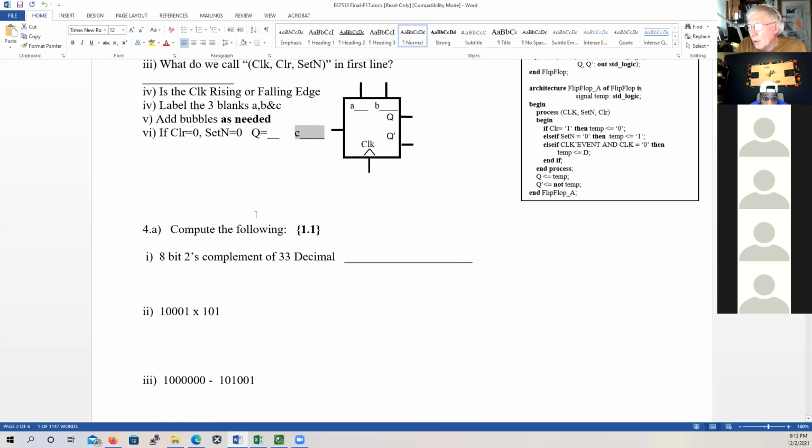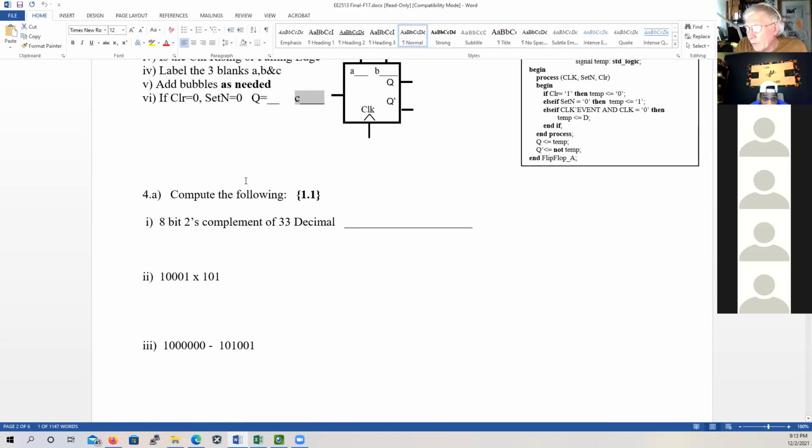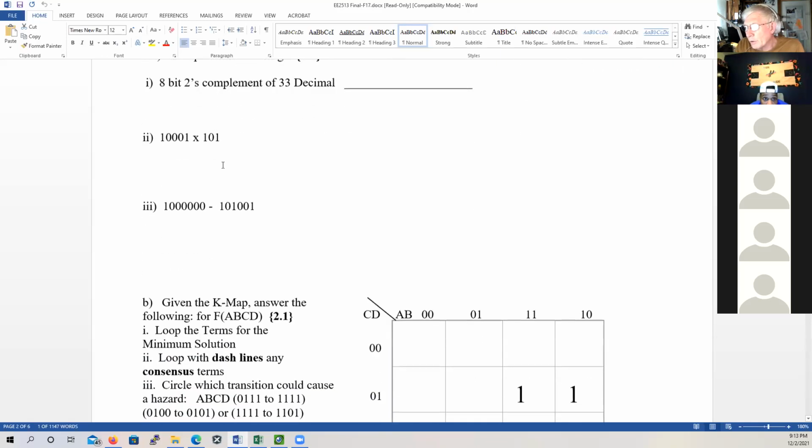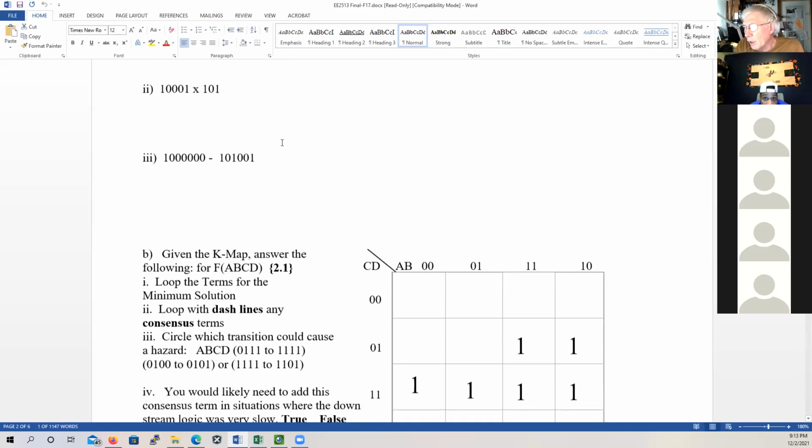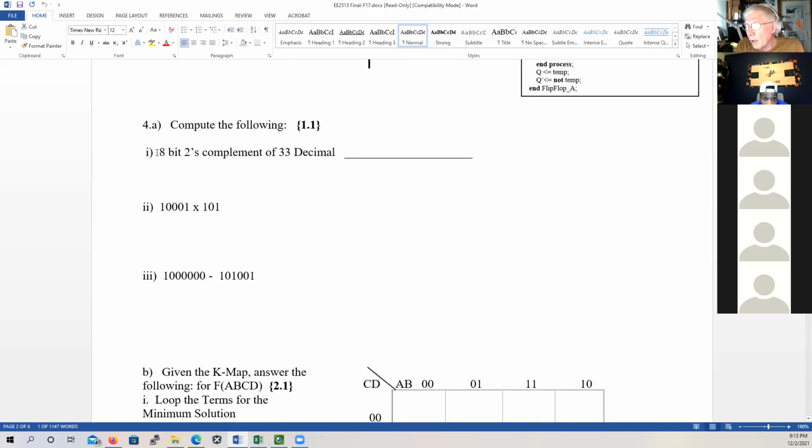All right. So I don't think I have a question on this, but if you do, you can use your calculator. It shouldn't be that big. Just remember, if we do a 2's complement, you want to pad it out to whatever number of bits you're required to use.